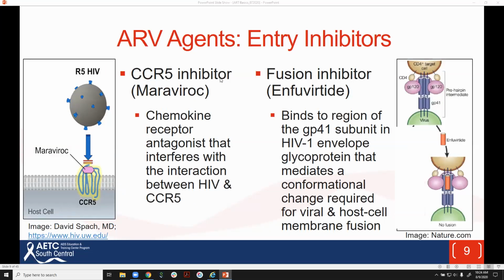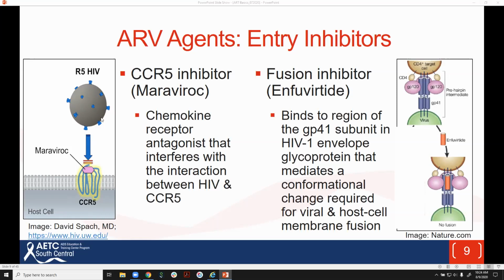The other entry inhibitor is the CCR5 inhibitor Maraviroc. And so that's a chemokine receptor antagonist, and it interferes with the interaction between HIV and CCR5 specifically. It does not have activity against CXCR4 tropic virus.